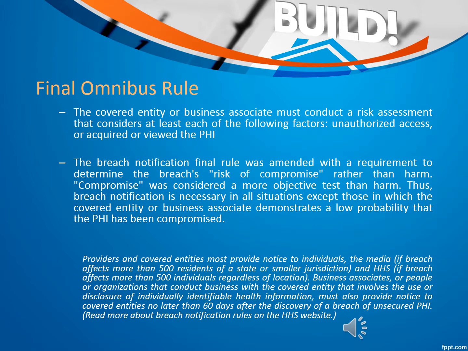The business associates, or people or organizations that conduct business with the covered entity that involves the use or disclosure of individually identifiable health information, must also provide notice to covered entities no later than 60 days after the discovery of a breach. More details can be found on the HHS website.